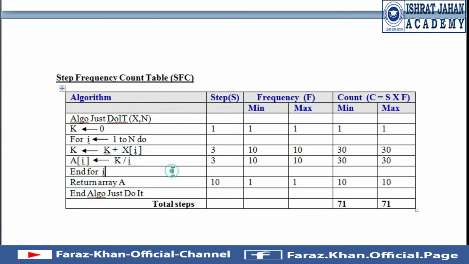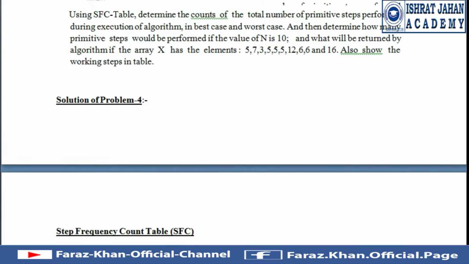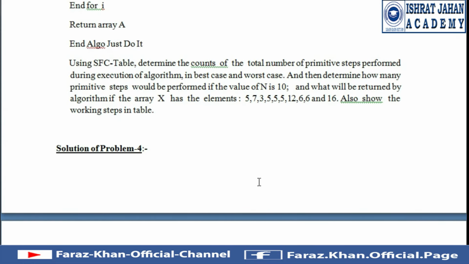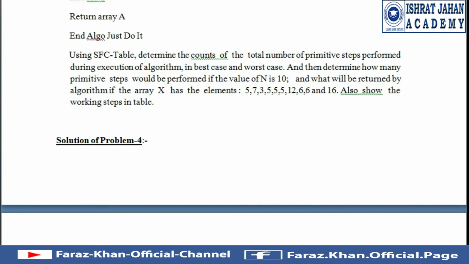And end for I, and return array, because here is an array of 10, so it will take 10 steps. A is the array, here you can see that, return array which is given in the problem, right?